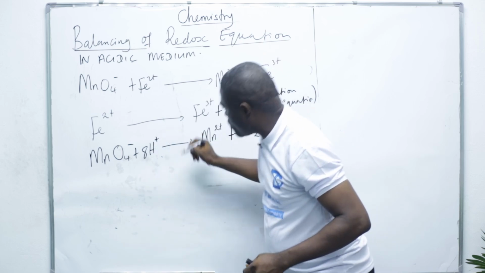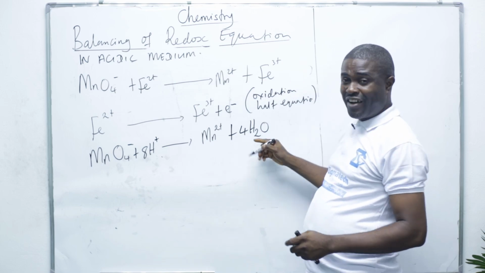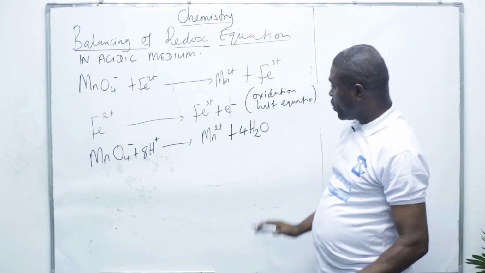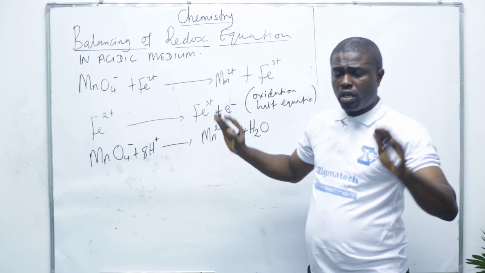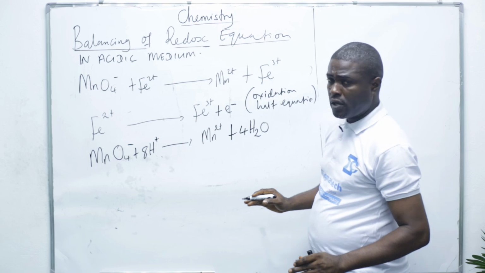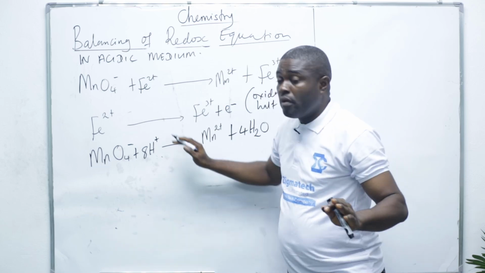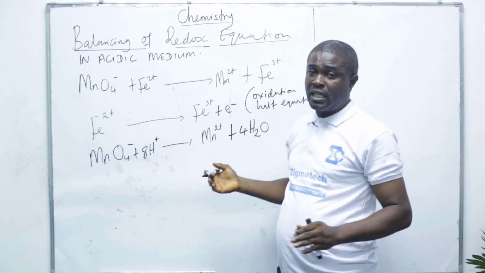By doing that, it corresponds to the number of hydrogen at the right-hand side. Now you check the total charges on both sides. We are done in terms of atoms: manganese, oxygen, and even the hydrogen introduced.